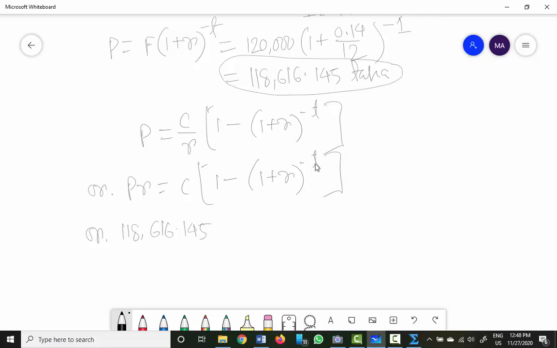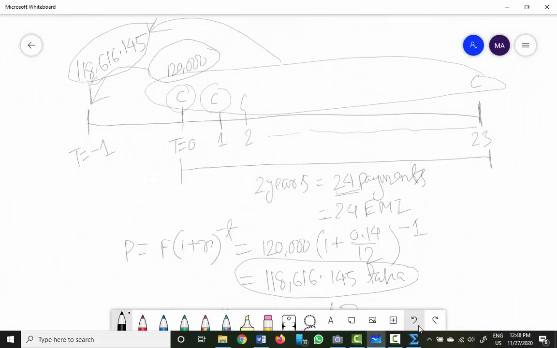So 118,616.145 is equal to C, 1 minus 1 plus R, where R is 0.14 divided by 12, power minus T. Now this is 24, total 24 installments. Because now these are all the future cash flows. This is the present value of the loan, and these are all the future cash flows.